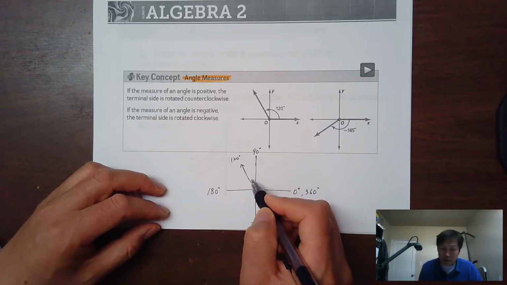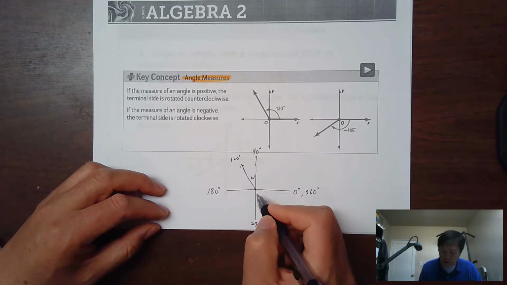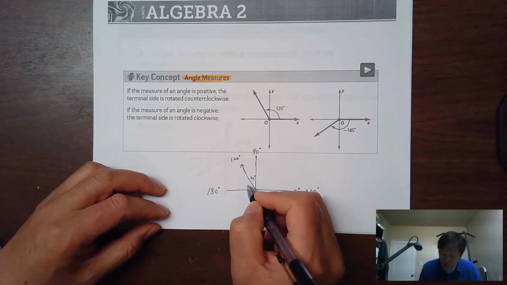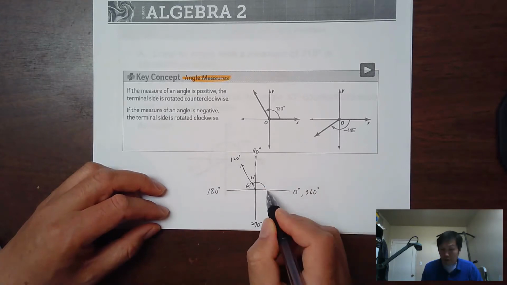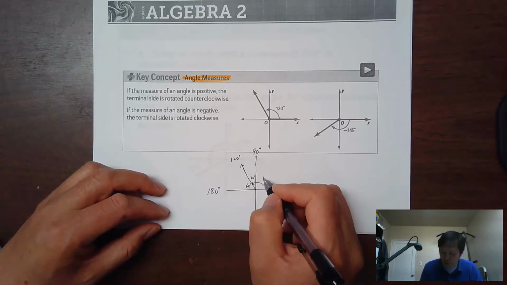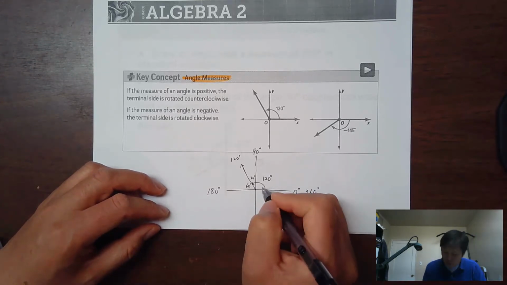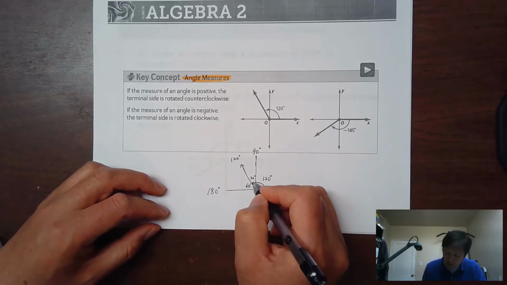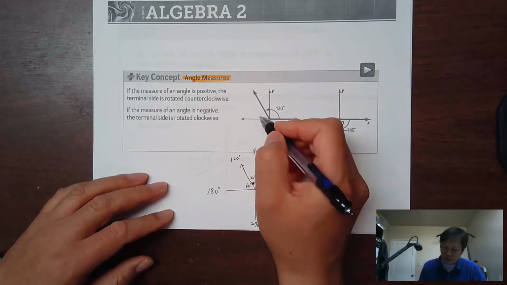It will be 30 degrees here. Since it's 90 degrees, that will make a 60 degree angle here. From here all the way up to here counterclockwise, we call that 120 degrees. That's how we ended up with 120 degrees here. That will be 60 degrees.